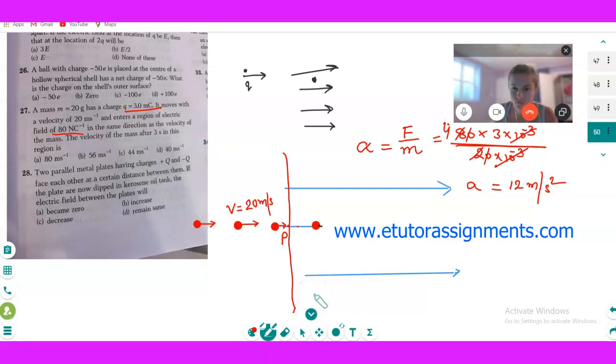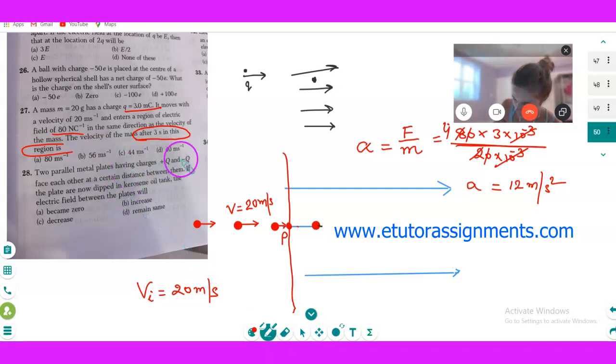Correct? The velocity of the mass after 3 seconds. See, here initial velocity is 0. No, not 0, it is 20. So v initial is 20 plus 12 multiplied by 3.